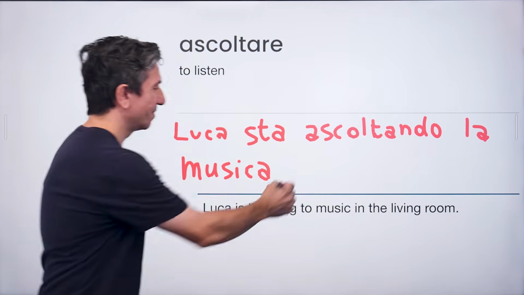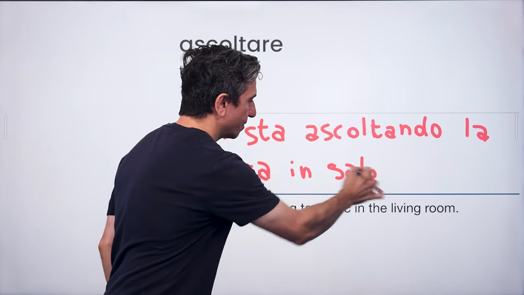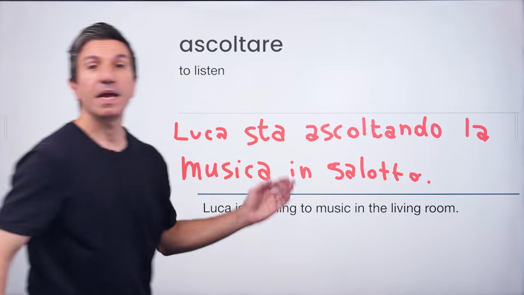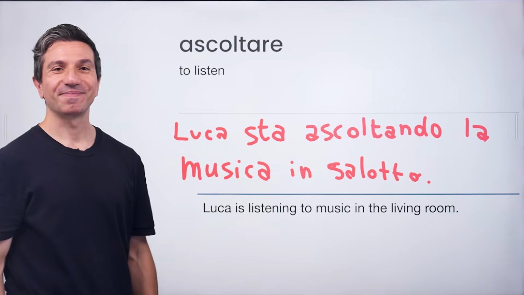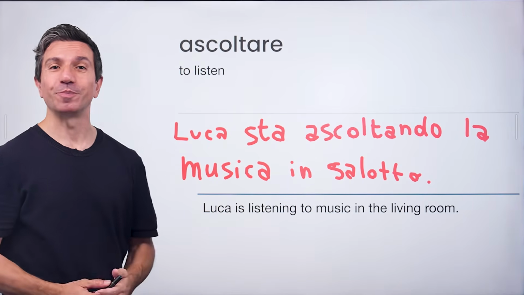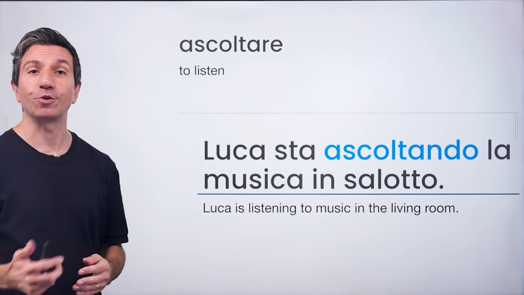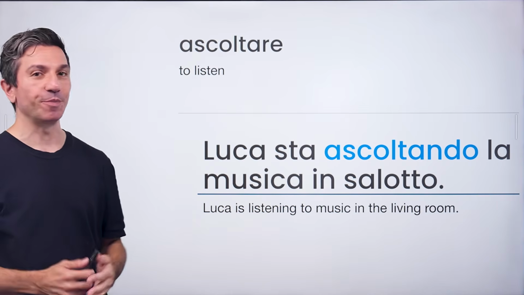Next, in salotto, meaning in the living room. Luca sta ascoltando la musica in salotto. Luca is listening to music in the living room.